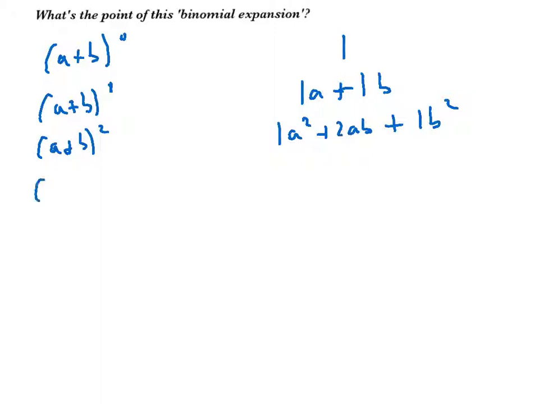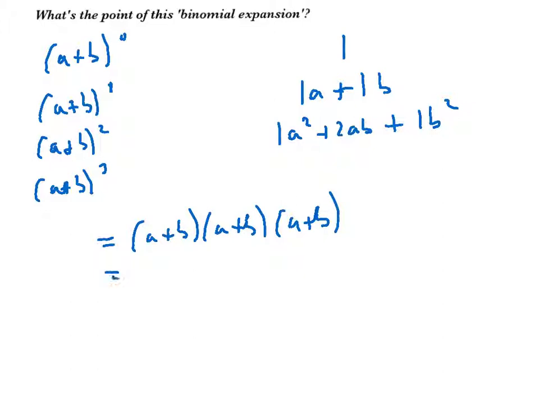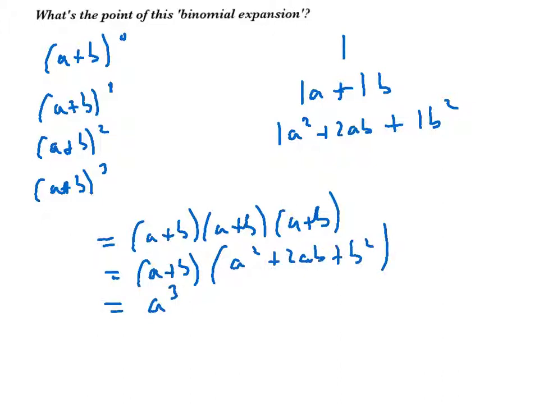Okay. Now what about a plus b cubed? Oh. Now I've got to expand loads of stuff. So let's do it. This is a plus b times a plus b times a plus b. This whole thing is going to be a plus b times a squared plus 2ab plus b squared. It's just going to go on forever, isn't it? Plus ab squared plus a squared b plus 2ab squared plus b cubed.